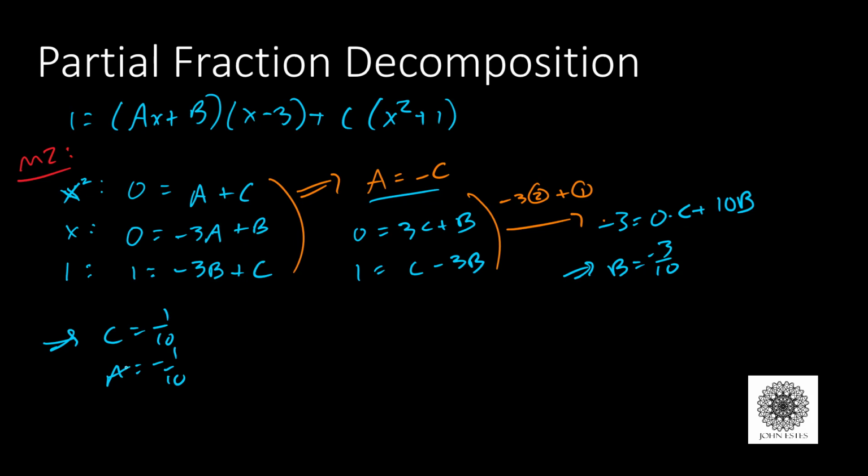So then, my final decomposition is, we have 1 over (x squared plus 1) times (x minus 3) equals, so what do we say for a? We said a was negative 1/10, b was negative 3/10, and c is 1/10.